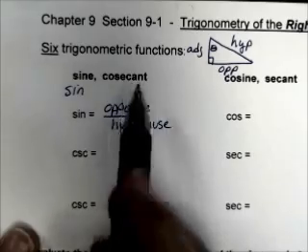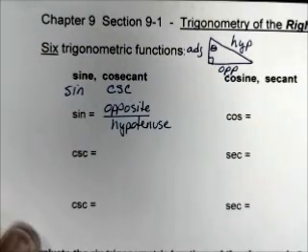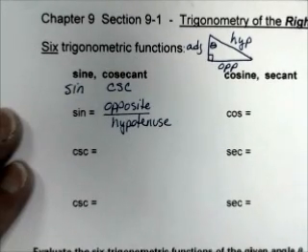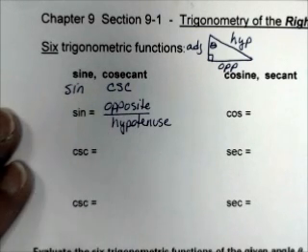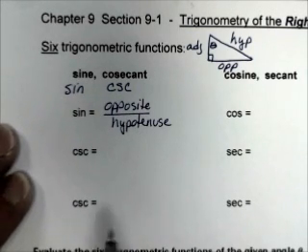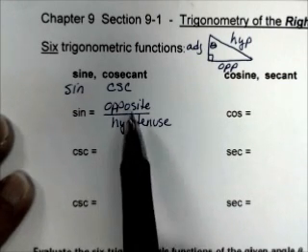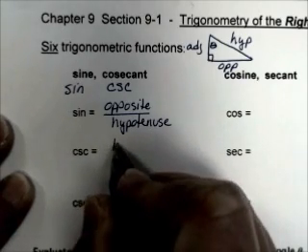Cosecant, which is abbreviated CSC, is the reciprocal of sine. So if sine is opposite over hypotenuse, cosecant is hypotenuse over opposite.